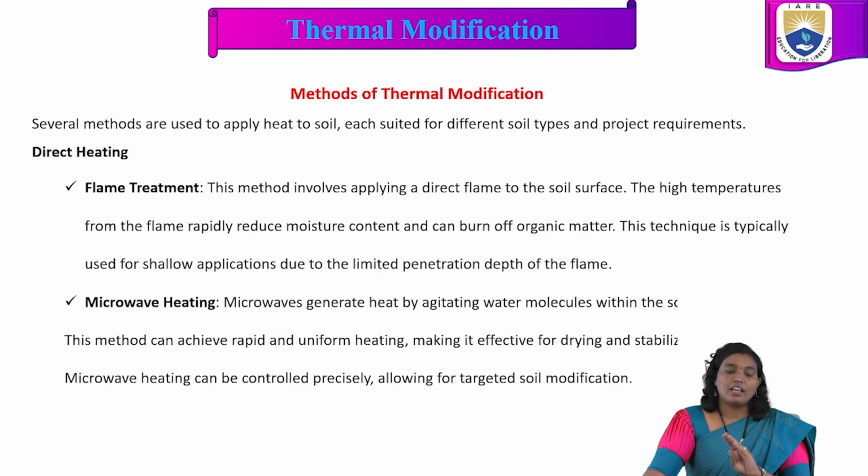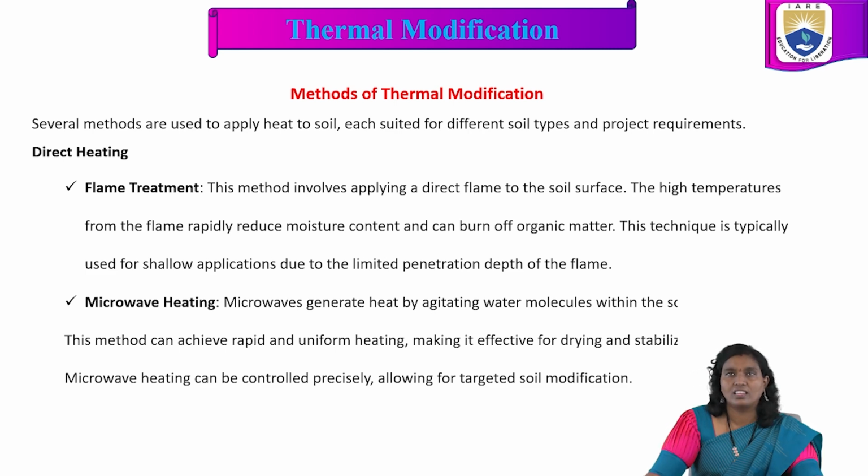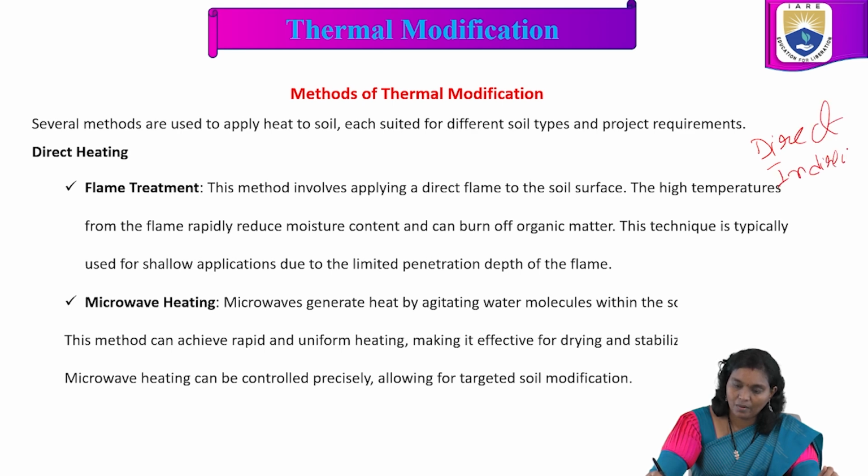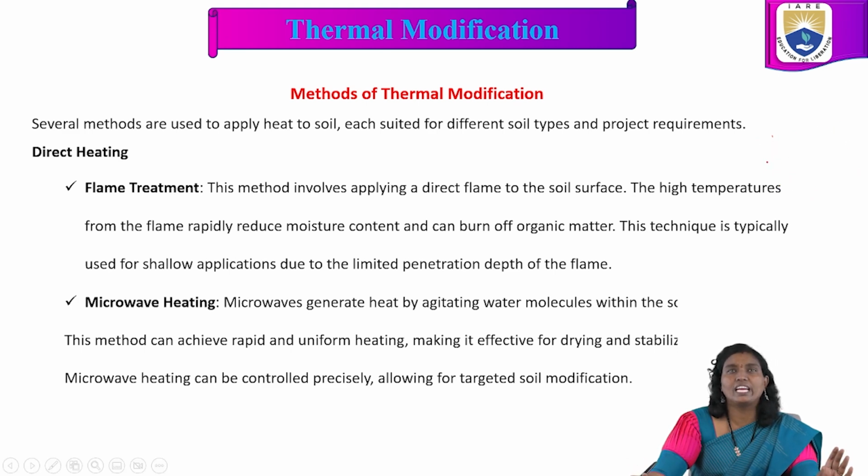Methods. Many different methods are used to apply heat to soil, each suited for different soil types and project requirements. Direct heating and indirect heating are the methods. In direct heating, there are flame treatment and microwave heating.